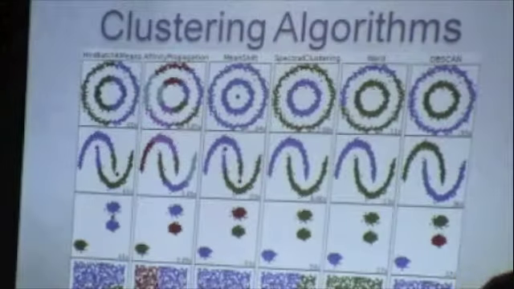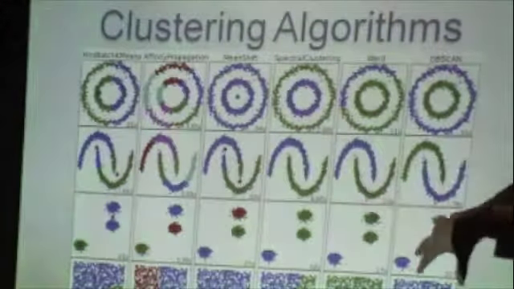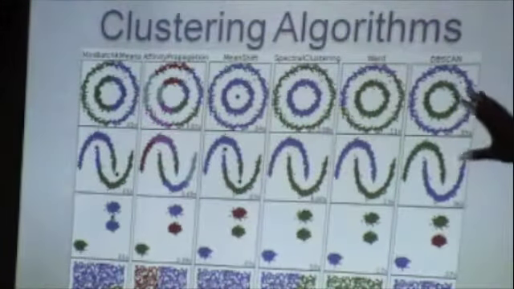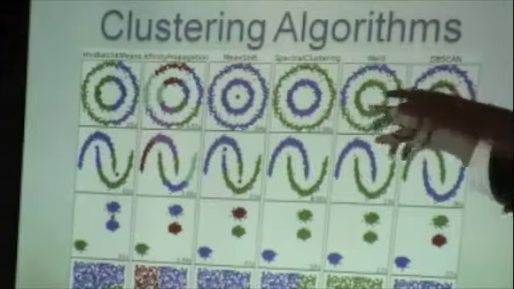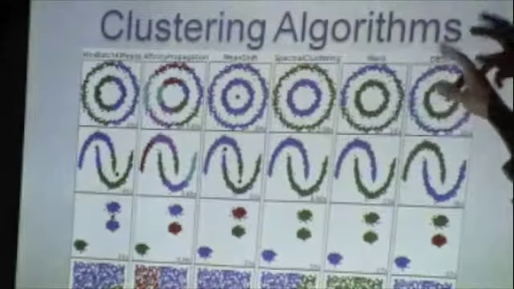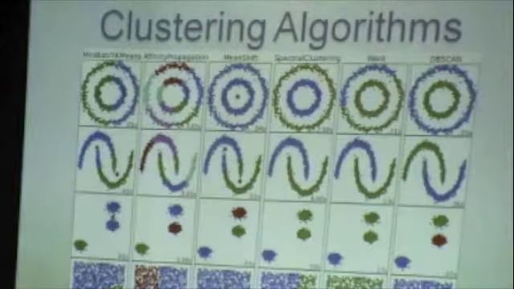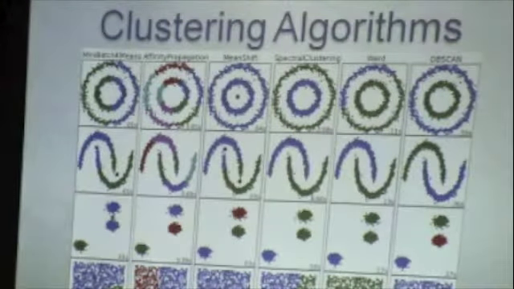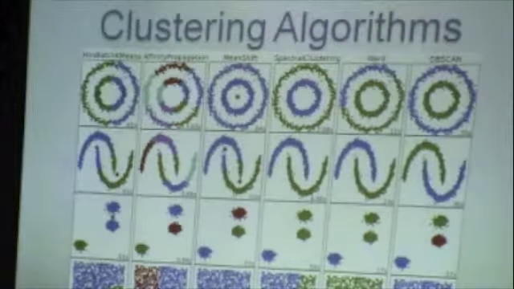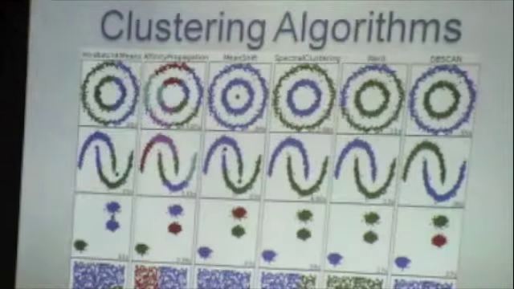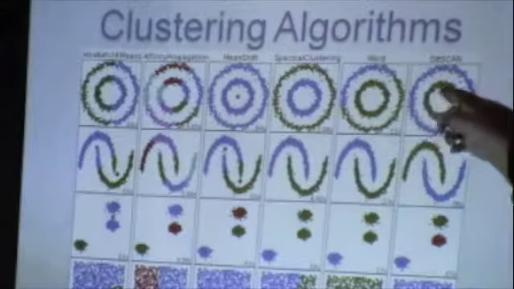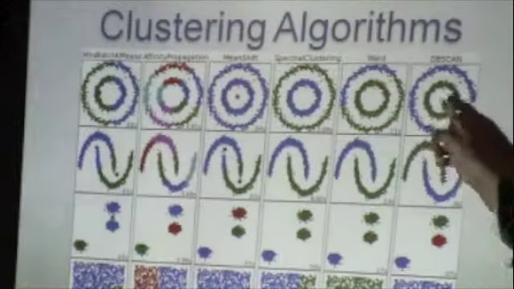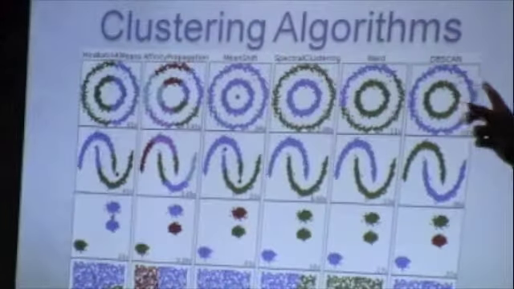DBSCAN, this is from the Python scikit-learn page, and it tells you what these algorithms will do with these sorts of data sets. Imagine the synthetic population that I showed you had these clusters. Well, I want to be able to identify clusters within clusters. The only ones that actually do that are spectral clustering and DBSCAN.